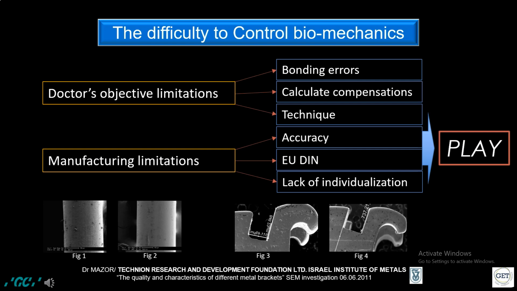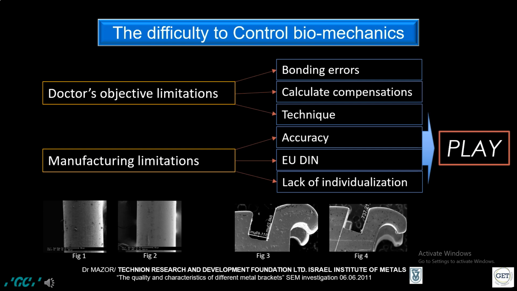The importance of manufacturing was discussed previously to illustrate the importance of accuracy and quality. In Fig 1 to 4, we can see the differences in bracket accuracy and the surface quality of the brackets and wires. The European regulations have acknowledged the manufacturing limitations, allowing an acceptable deviation from the original required dimensions.